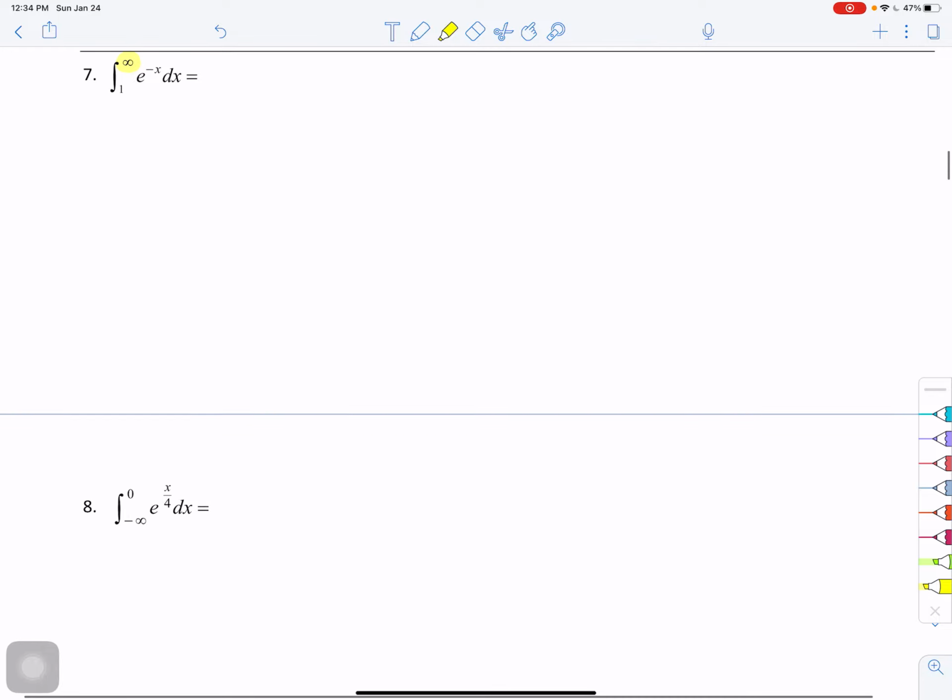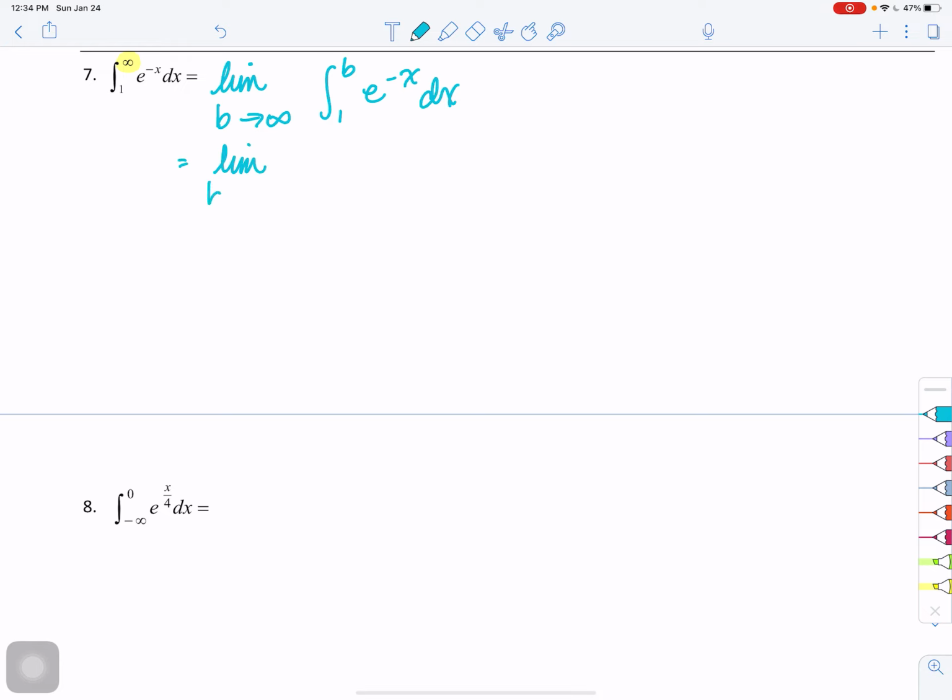So we'll go ahead and write that that's equal to the limit as b approaches infinity of the integral from 1 to b of e to the negative x dx. And that's equal to, keep writing that limit, negative e to the negative x. That's the integral of e to the negative x, evaluated from 1 to b.